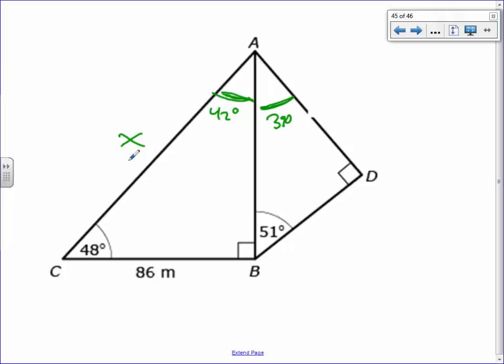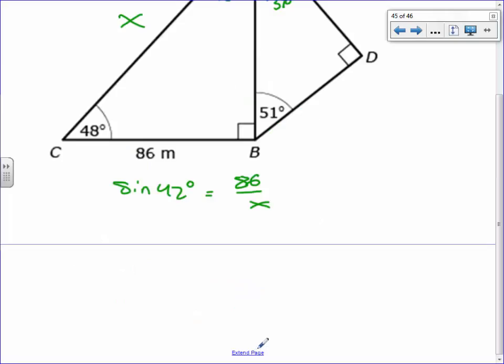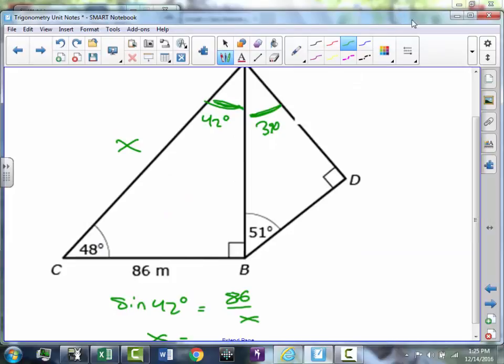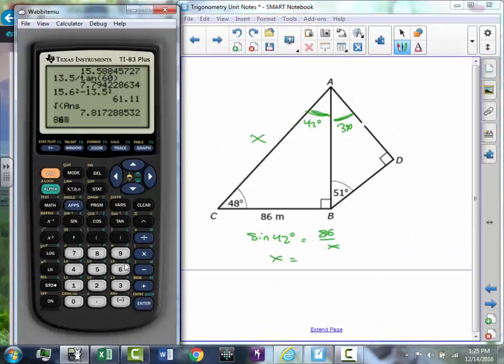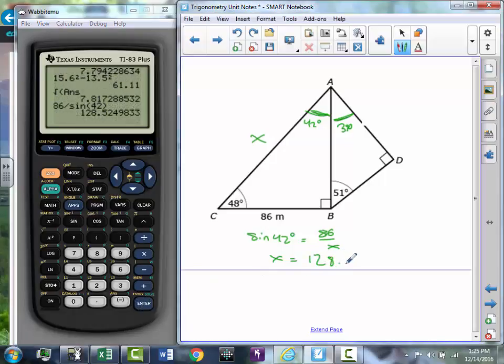Let's just go with sine, let's go 42. Sine of 42 would be the opposite, 86, over x. So to get x by itself, 86 over sine 42. X is 128.5.